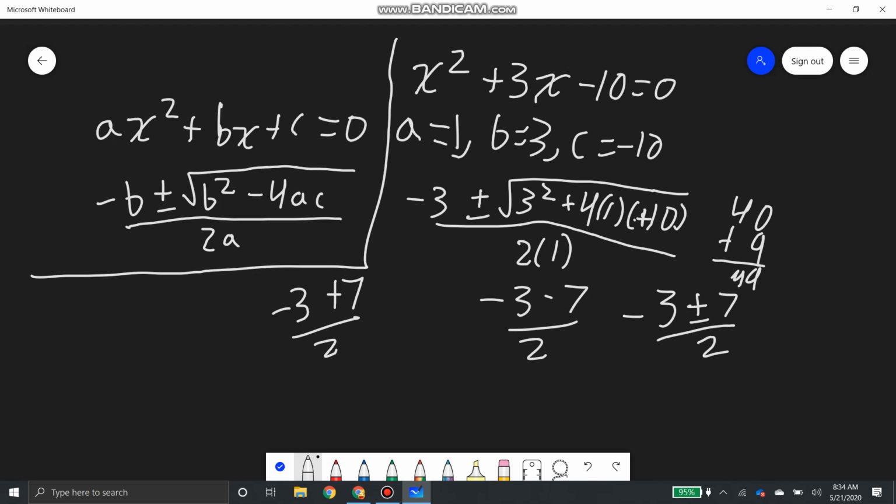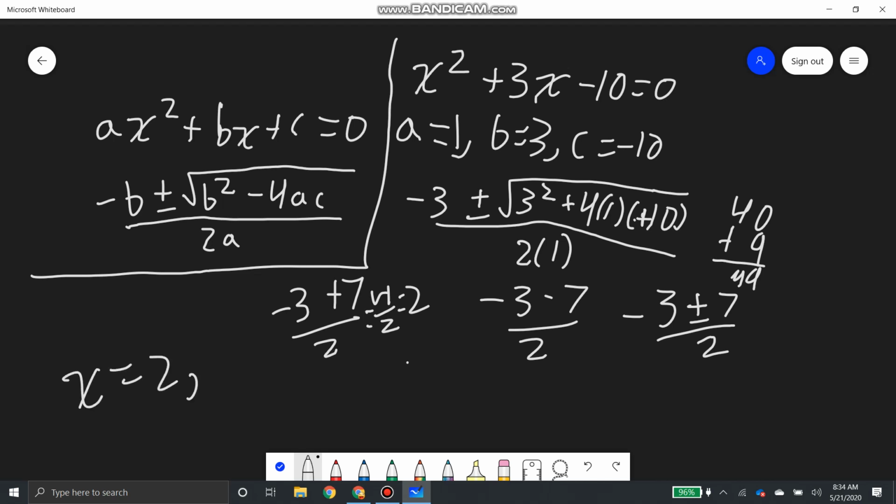Now, once we are here, what we should do is start off with the plus. So, quick math, we'll do 7 minus 3, which is 4, because it's negative 3, and then you should get 4 over 2, and that equals 2, so we'll write x equals 2.